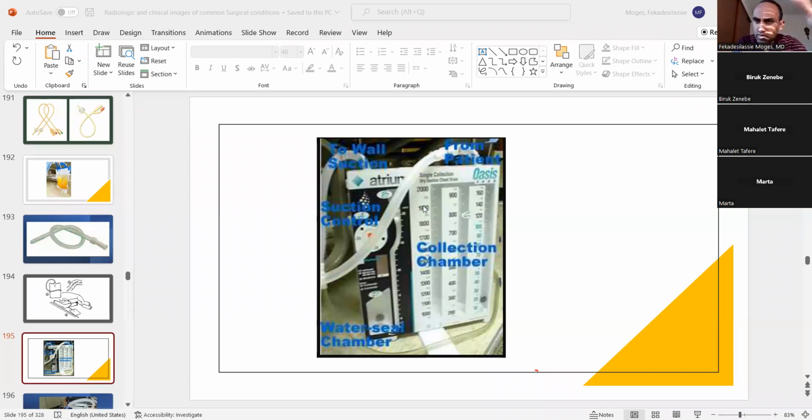It could be blood, it could be pus, it could be just pleural effusion, malignant or benign, parapneumonic, whatever. Gas would also get evacuated. All right, so that's very important. So this chamber is the underwater seal, and you can see the oscillation in the underwater seal chamber. What is underwater seal?